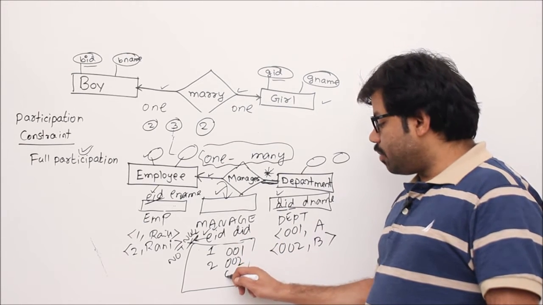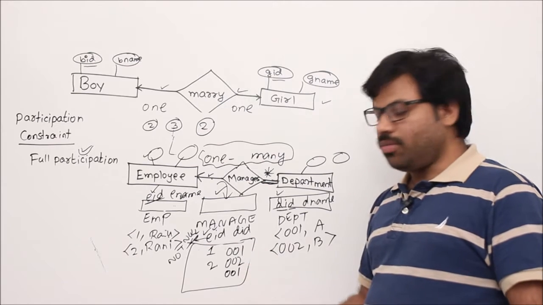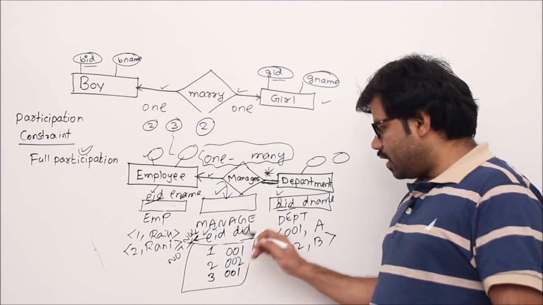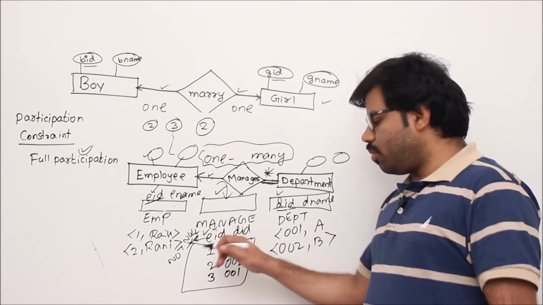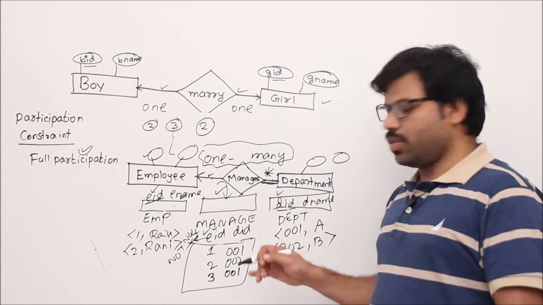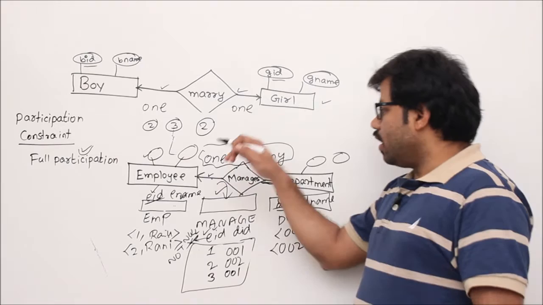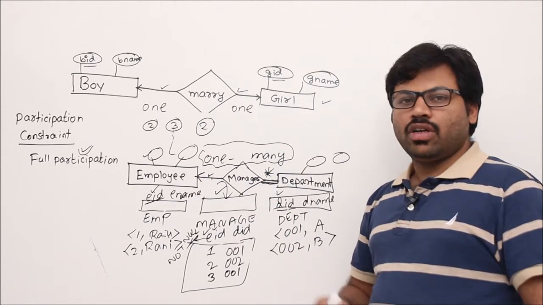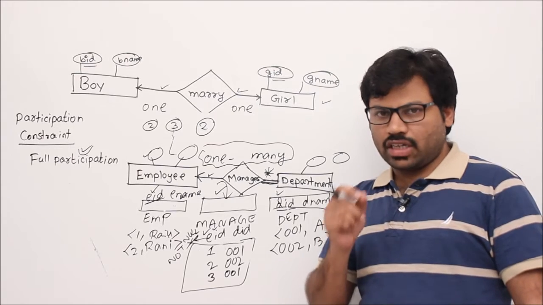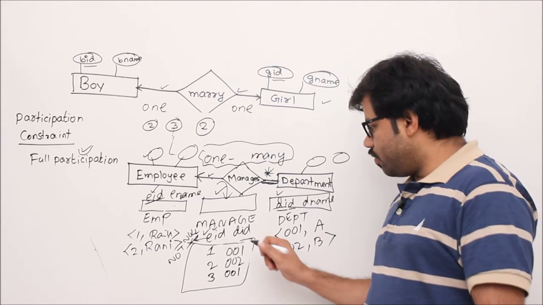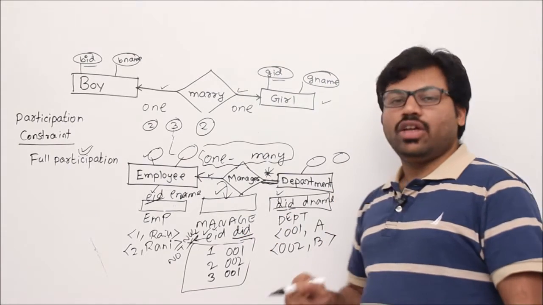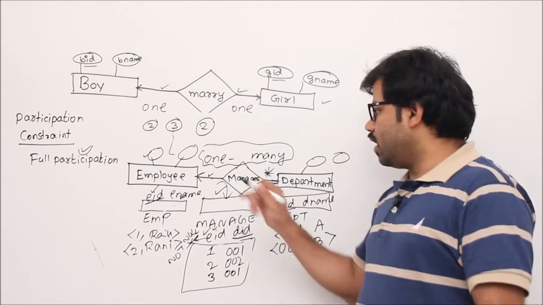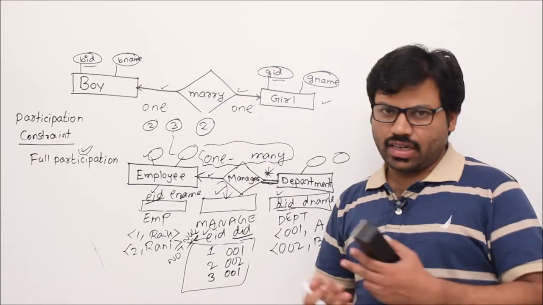People will write 001 one more time, and there is a danger they will write something else. Then it is like the department has multiple managers, right? That is not possible, because when constructing the ER diagram, we know it is a one to many relationship. So to record that subtle information, we make department ID unique, otherwise the primary key. If you make department ID the primary key, then the one to many relationship will be maintained.